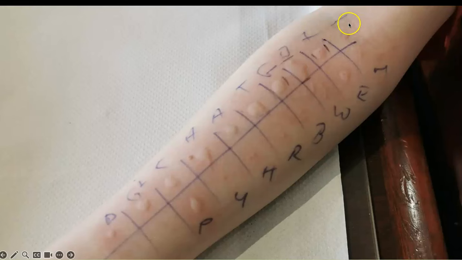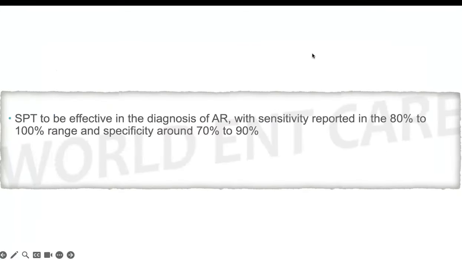Sometimes the wheal of the negative control itself might be slightly bigger in certain patients. So if the negative control is more than 3 mm, and here you are getting 6 mm, then also it is considered positive. So this is what I mean here.